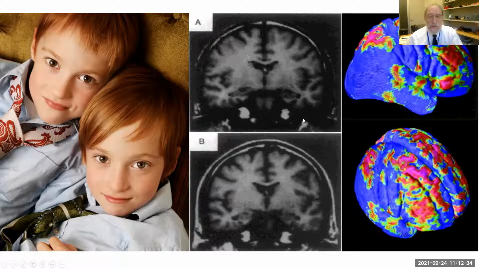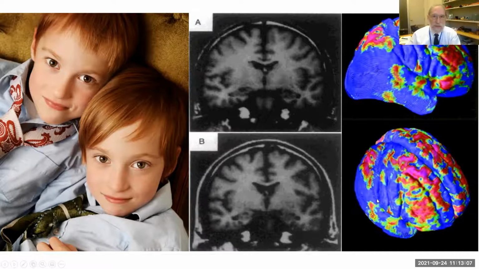Subtle as that might be, the associated behavioral picture of that is that one of the children has autism and the other one does not. As you expand the features of the analysis and, say, look at cortical thickness, meaning the thickness of the small band of tissue that overlays the brain, you find that the child that has autism has much thinner cortex in a number of different parts of the brain.